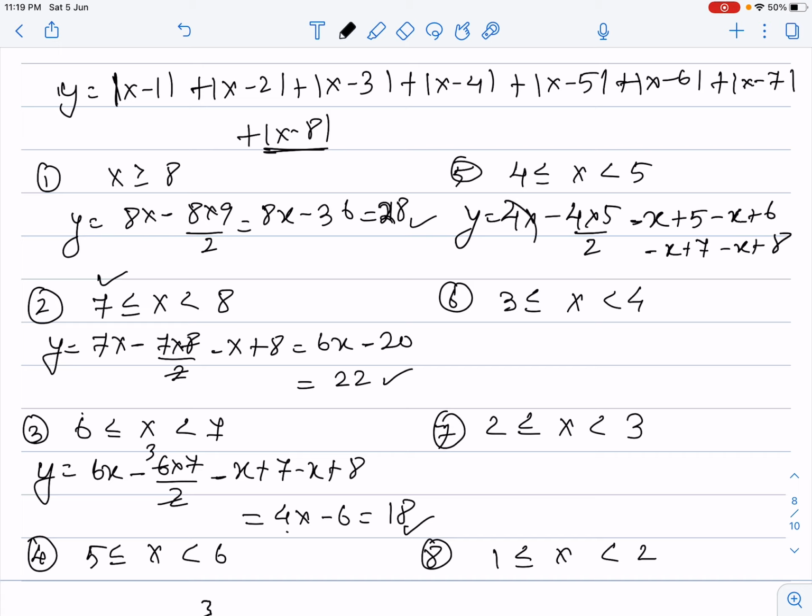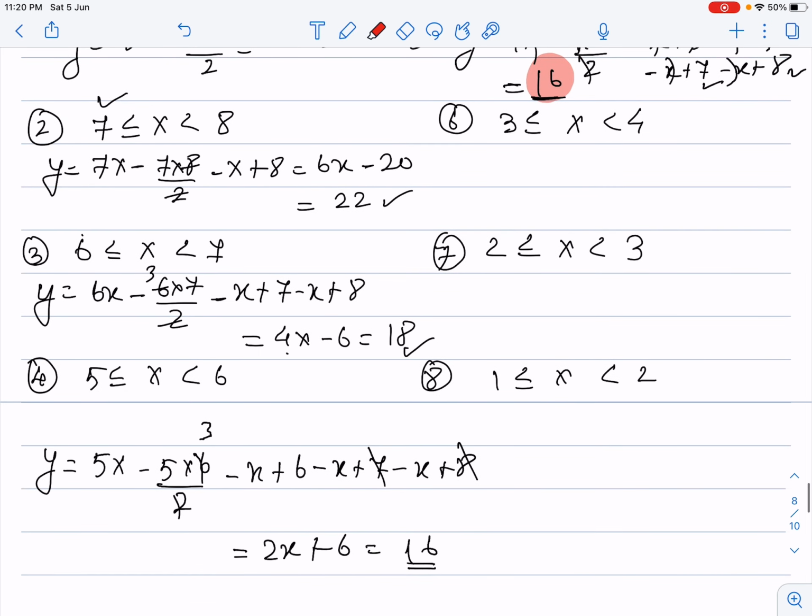So guys, minus 4x and plus 4x would get cancelled over here. So we had minus 10 and we have plus 11. So what will be remaining? Plus 1 will be remaining. So 15 plus 1 is 16, again the value over here. This is the minimum value. We got the minimum value 16 over here and over here.